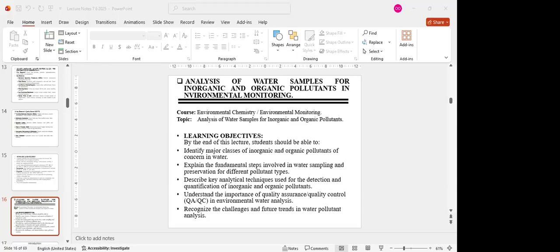So this morning, if you closely analyze what we did, you will discover that the sampling techniques, the material preparation, procedures, and everything, even the equipment, are all for air quality assessment.